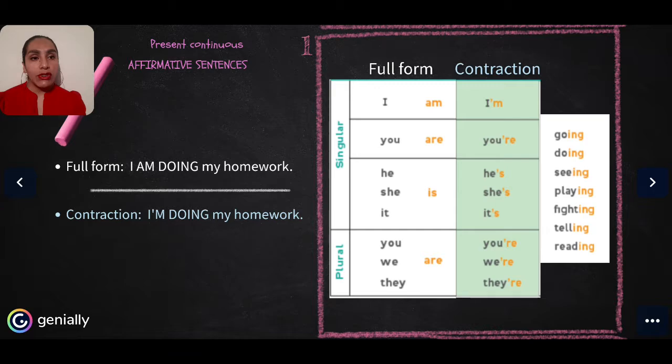And we can structure all the sentences using them in order to sound more fluent. You have the full form: I am, you are, he is, she is, it is, you are, we are, they are. So there's no distinction in the meaning. That distinction is in the number of elements you're using in a sentence.